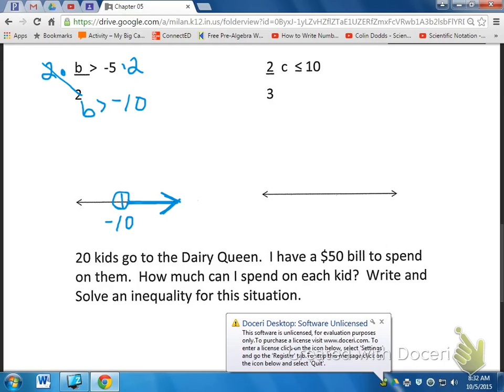All right, one with a fraction in front of the variable, 2/3 times c. What I want you to do is multiply both sides by the reciprocal of that fraction. Anybody know what the reciprocal of 2 over 3 is? Three over 2. Now let's see why that works.